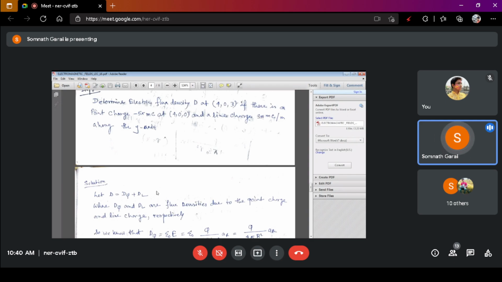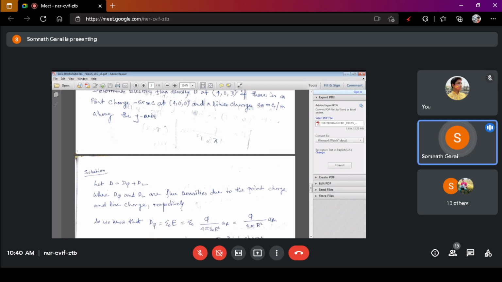Now when we calculate the electric flux densities with respect to point charge and line charge, we have to recall the electric field E for line charge and for point charge, and then we apply the equation D equals epsilon naught into E, right?